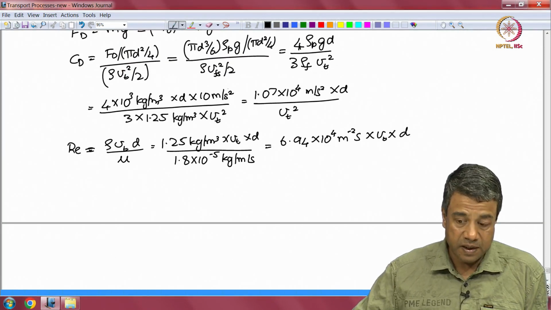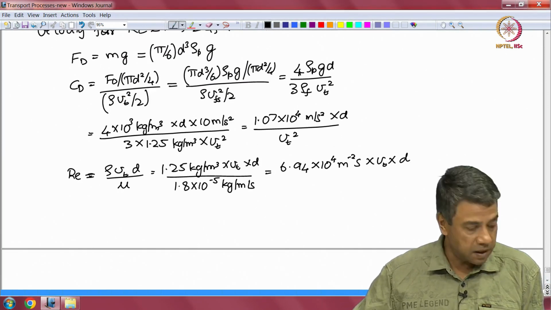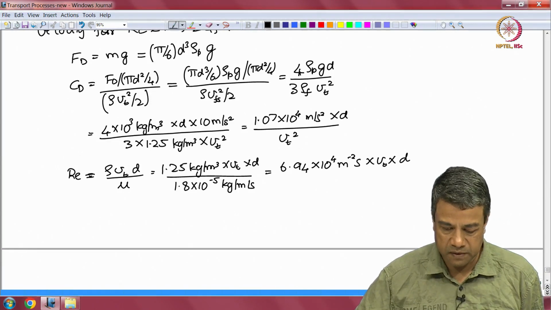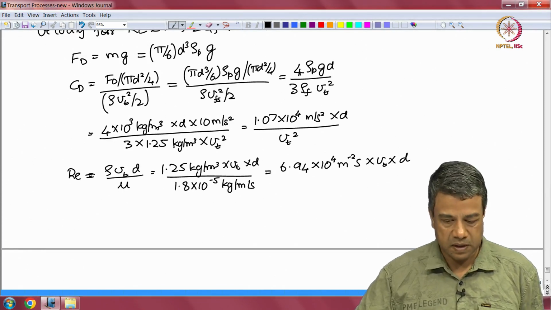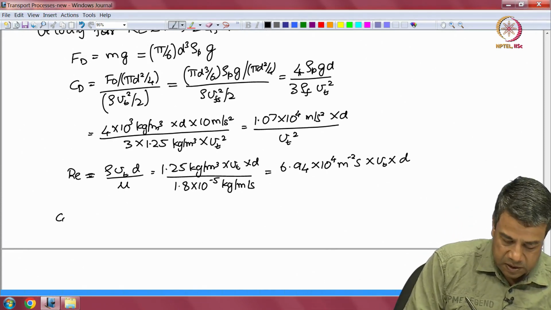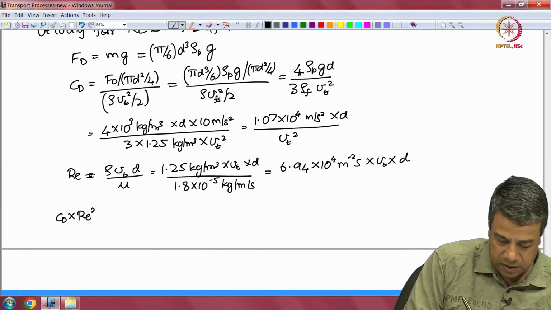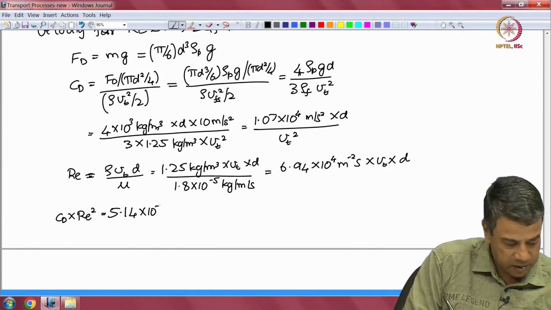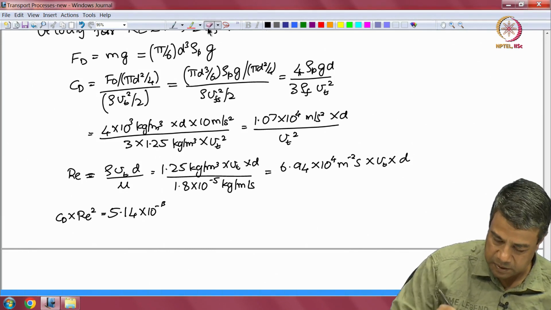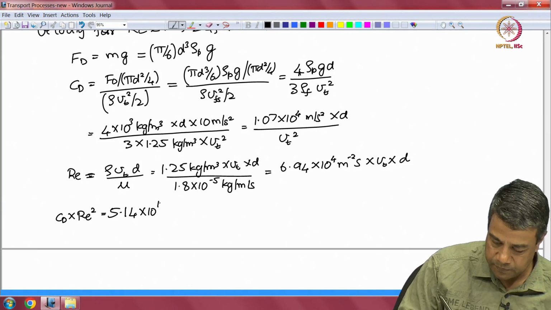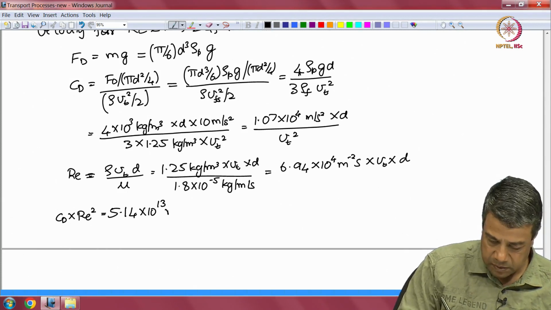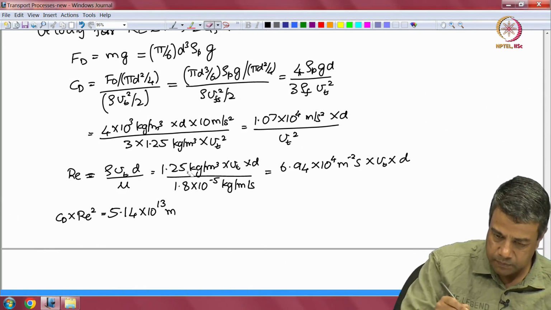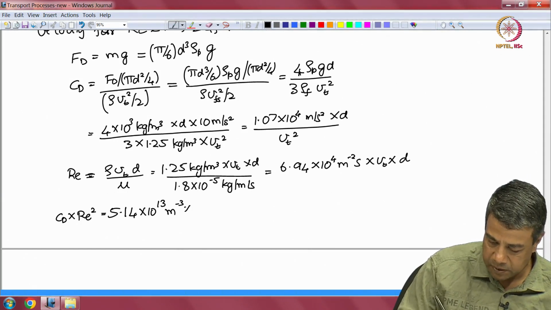So, now I can get the velocity and the diameter in terms of the drag coefficient and the Reynolds number. You can see that the drag coefficient goes as 1 over velocity square, and the Reynolds number is proportional to velocity. Therefore, Cd into Reynolds number square is equal to 5.14 into 10 power 13, sorry, into d square.